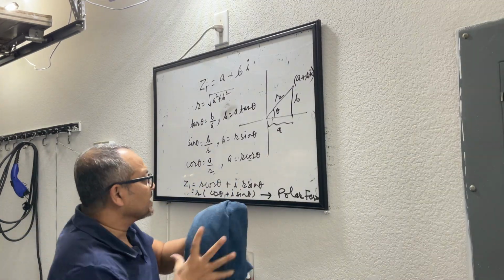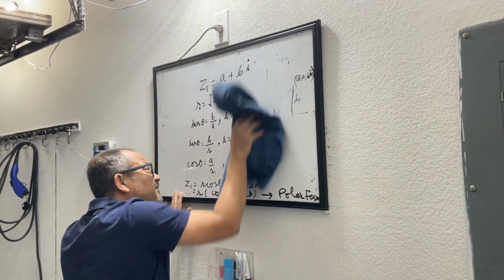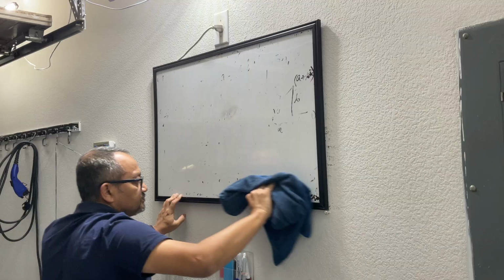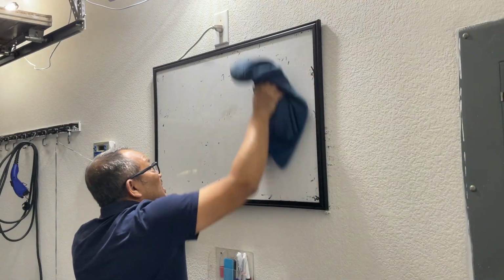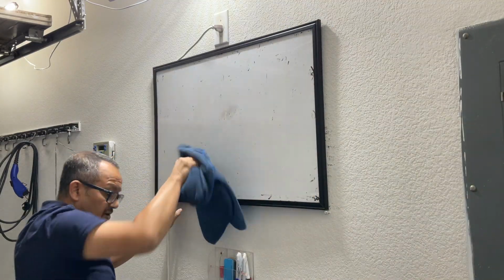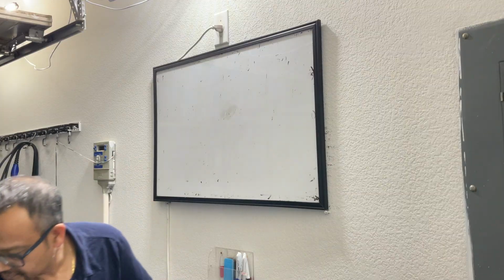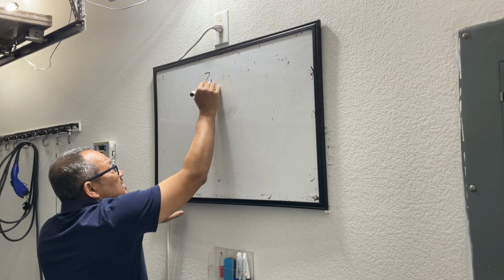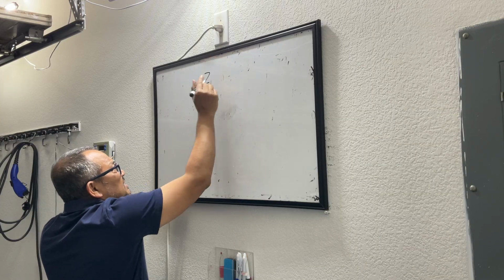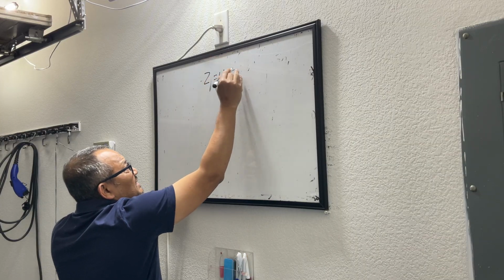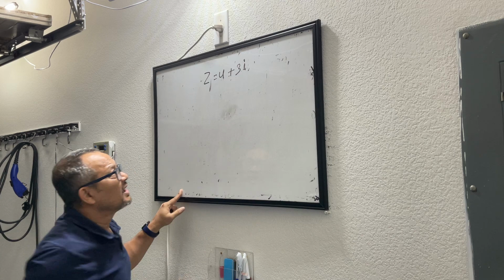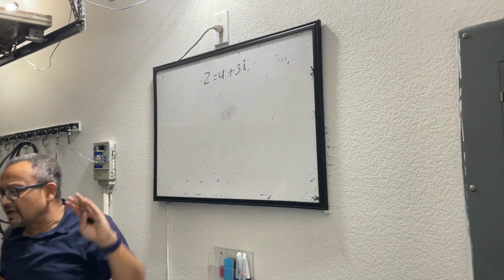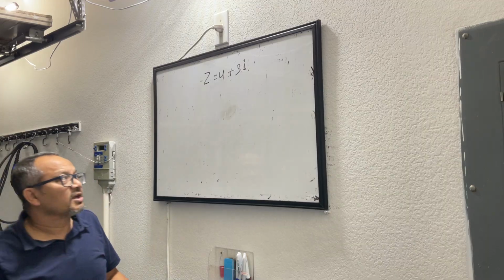So in the beginning I said there are 3 ways or 3 forms in which you can write a complex number. So if I have a complex number z equals 4 plus 3i, my magnitude, first thing, as soon as you see a complex number, what is my magnitude?